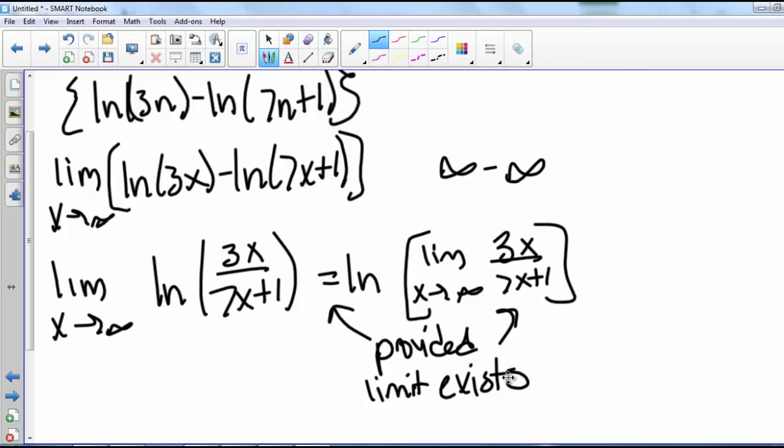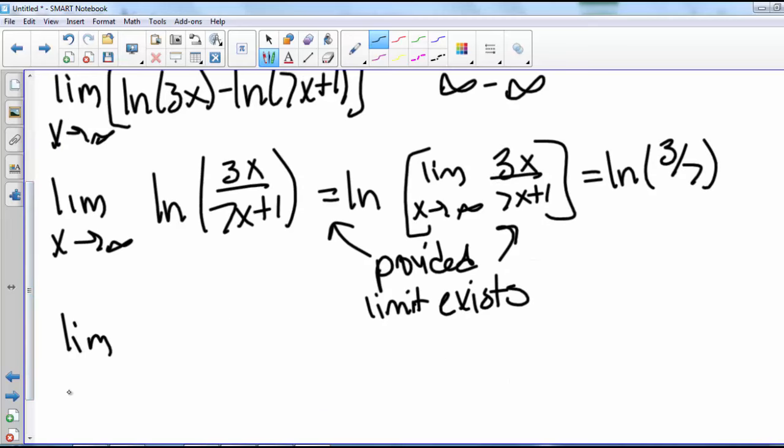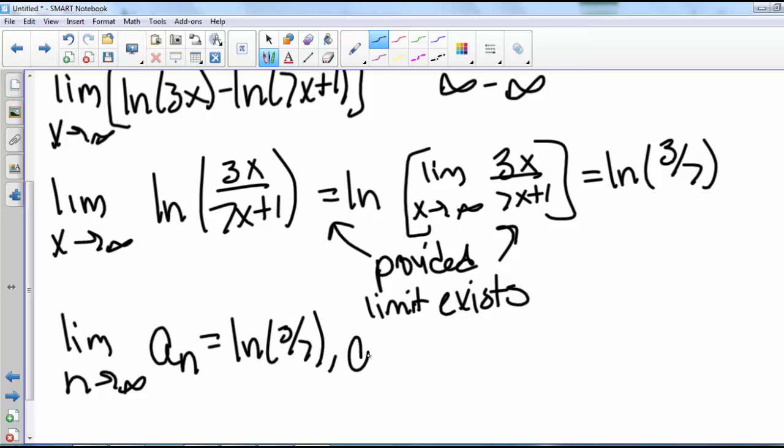And the limit as x goes to infinity of 3x over 7x plus 1 equals 3/7. So this equals the natural log of 3/7. That tells us that the limit as n goes to infinity of our sequence equals natural log of 3/7 and converges.